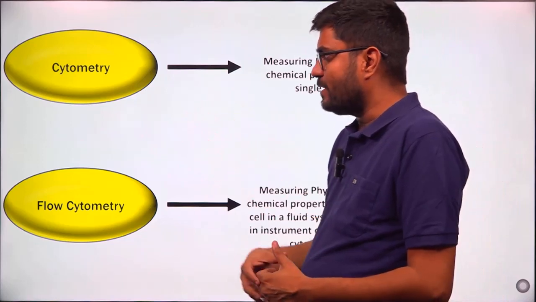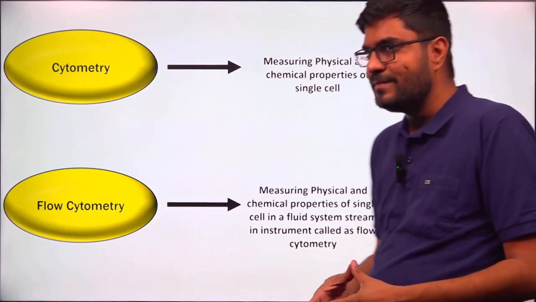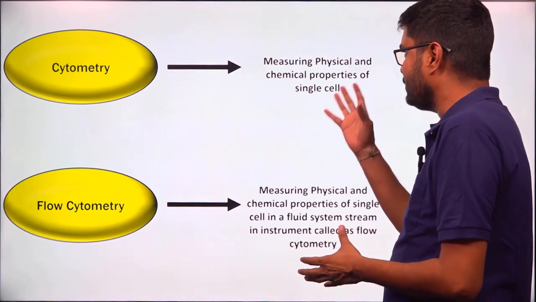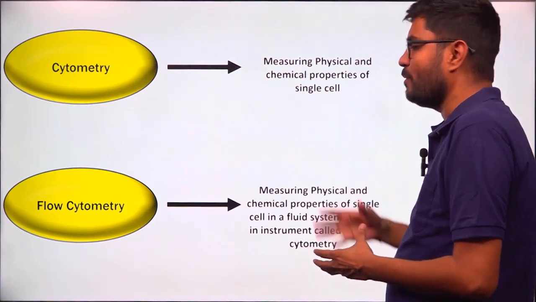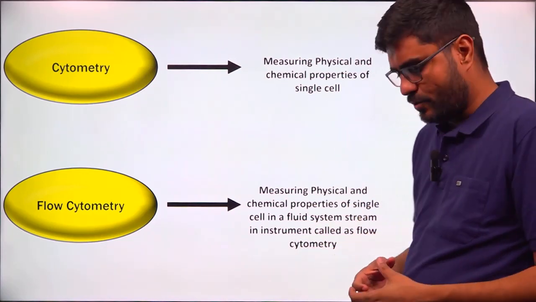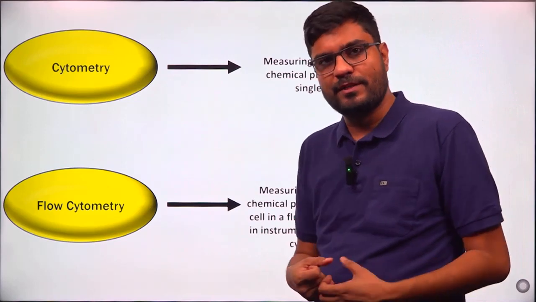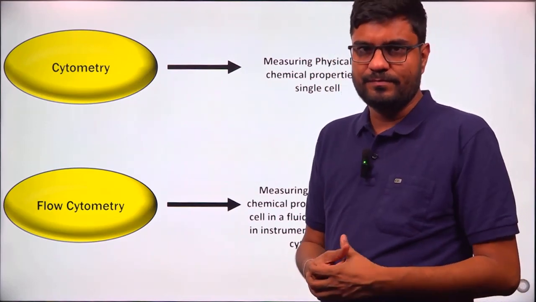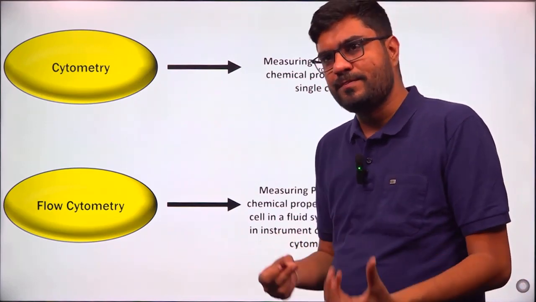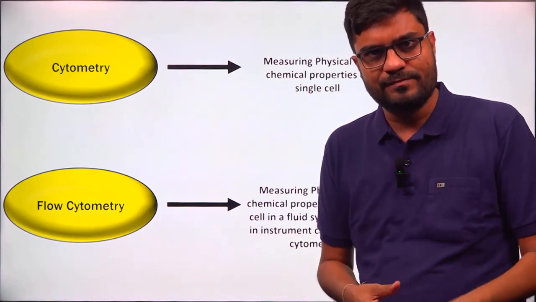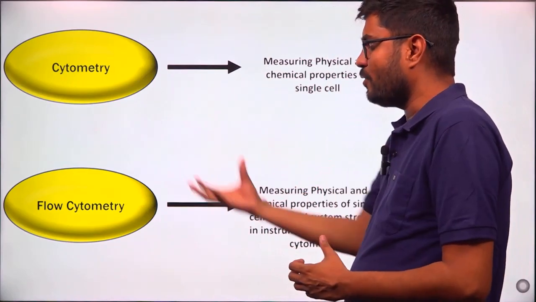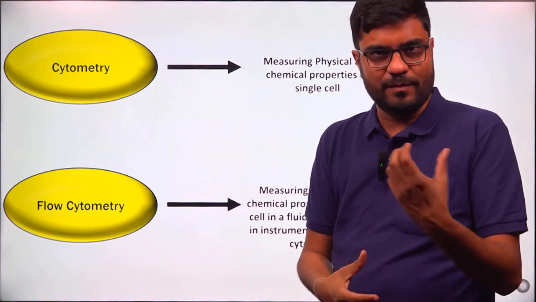The word cytometry is used when we are measuring physical and chemical properties of a single cell. So what are the physical properties, what are the chemical properties, what are the proteins present in that particular single cell? When we are doing this, we are calling the whole thing cytometry.